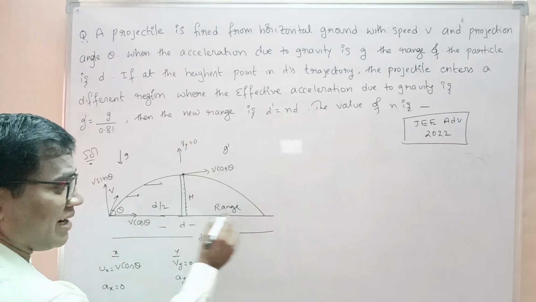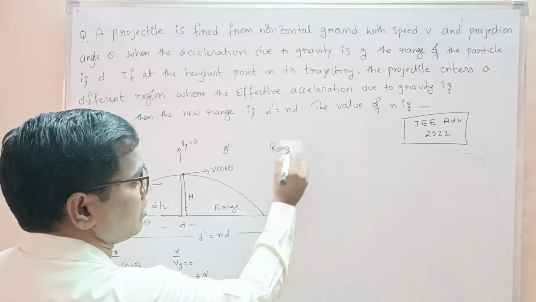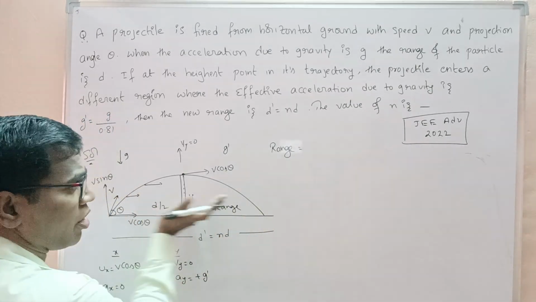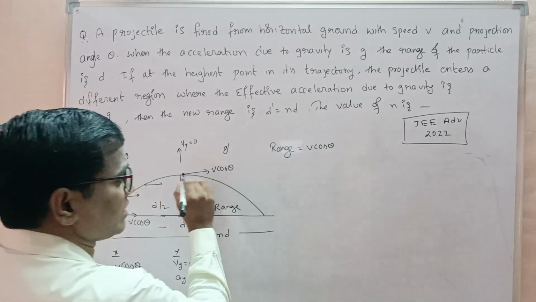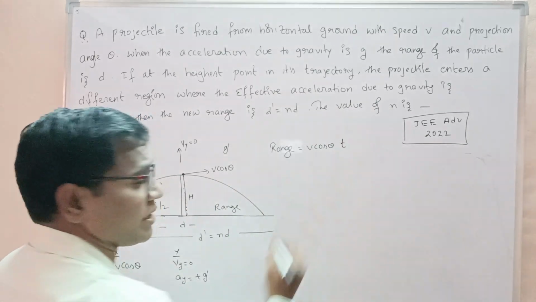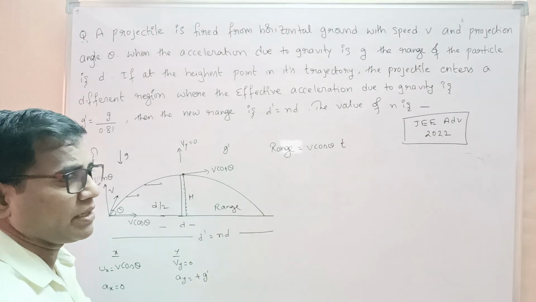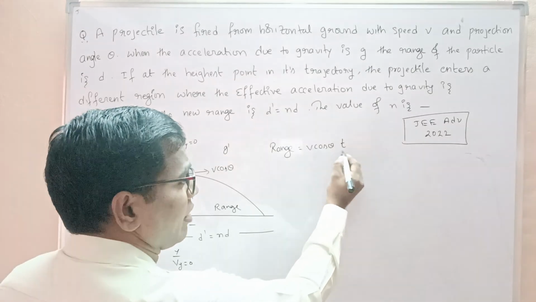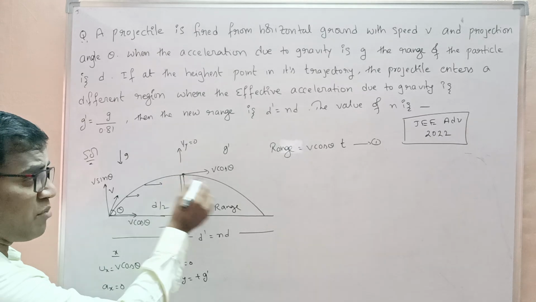Now I want to calculate the range. Range formula: range is equal to horizontal component velocity, which means here v cos theta, into time of flight. I will write this as equation 1. Now first we are going to calculate the value of t, the time of flight.